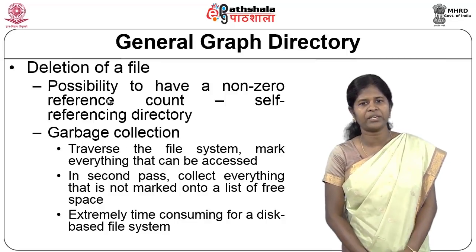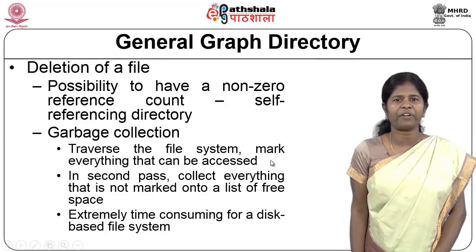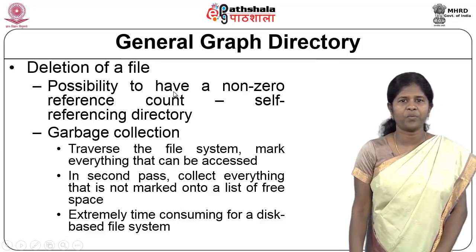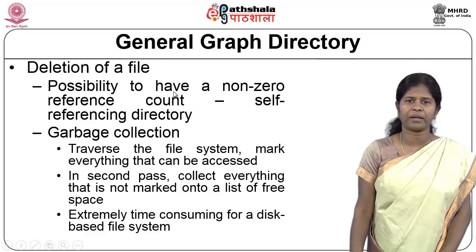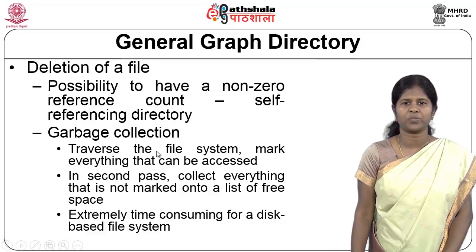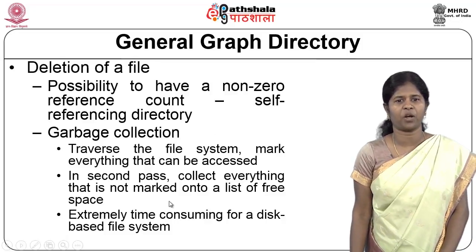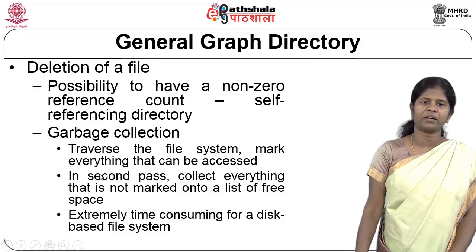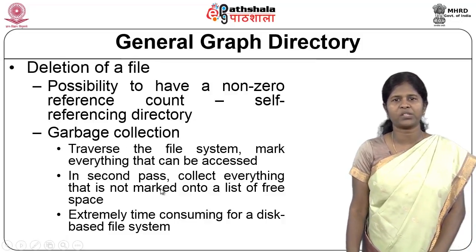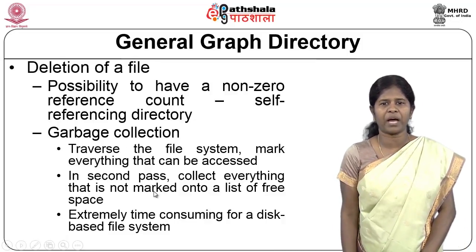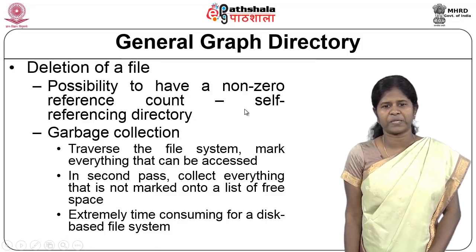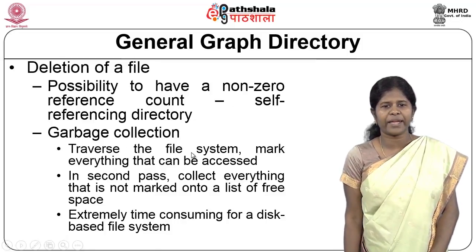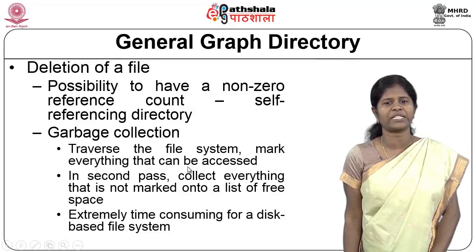And what is done during garbage collection? The file system is traversed, and whatever file is able to be accessed, those files are marked. And in the second pass, again go through the file system and collect all the files that are not marked into a list of free space. But this is extremely time consuming for a disk based file system.